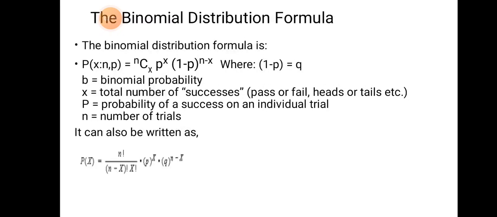So, the formula for binomial distribution is probability of x given n, p is equal to nCx.